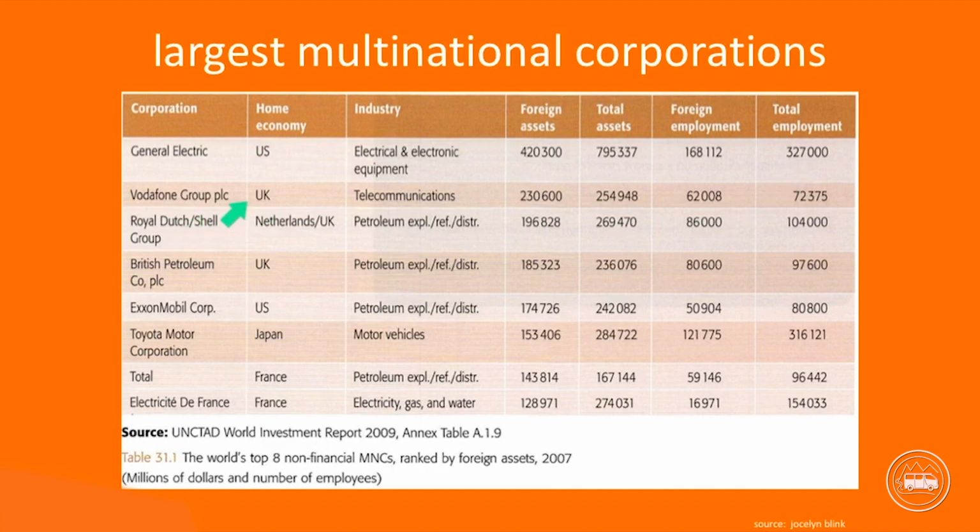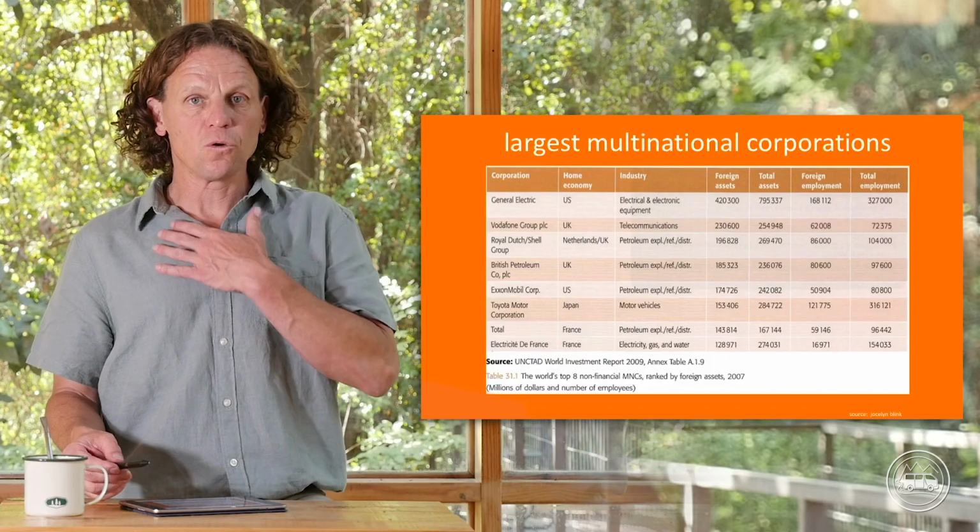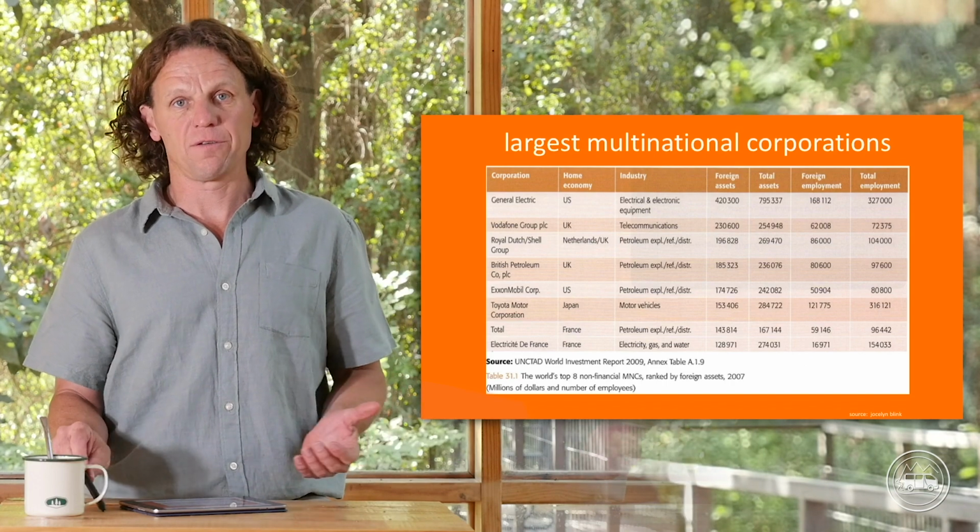Look at Vodafone, a telecommunications company from the UK. Their foreign employment, 62,000. Royal Dutch Shell, 86,000. British Petroleum, 80,000. So that's an enormous amount of, look at Toyota, 121,000 jobs created outside of Japan for people who are just trying to improve their life, okay?